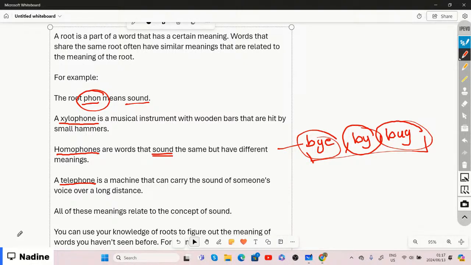So those are phones, or homophones: telephone, xylophone, even cell phone, as long as the word phone is in there, because phone is the root word. Which means that the meaning surrounding the word phone will have a similar meaning to sound.